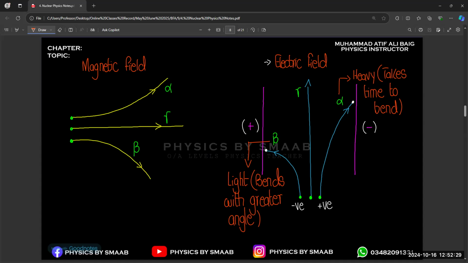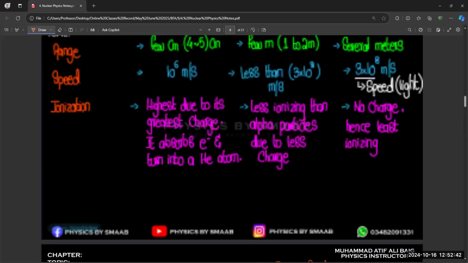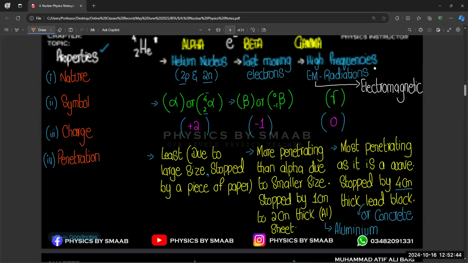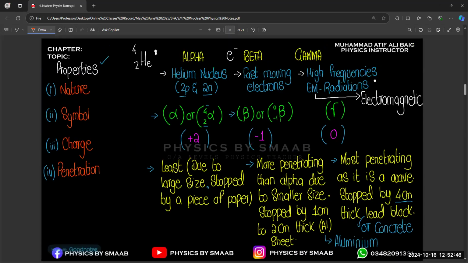Sir, are alpha particles used in X-rays or beta? Basically, X-rays are also electromagnetic, right? In which category are particles used? Basically, there are no particles in electromagnetic radiation, there are only high frequencies that can pass through your body, just like Wi-Fi signals.